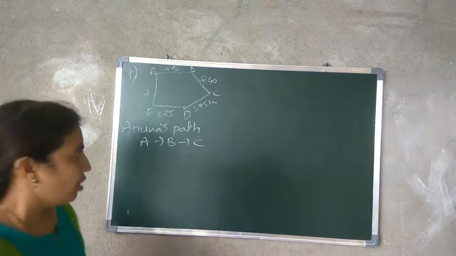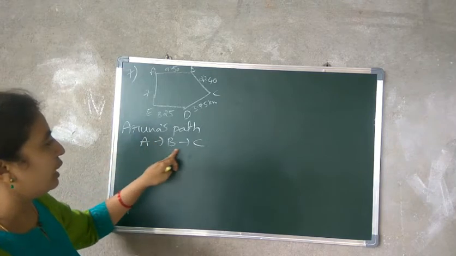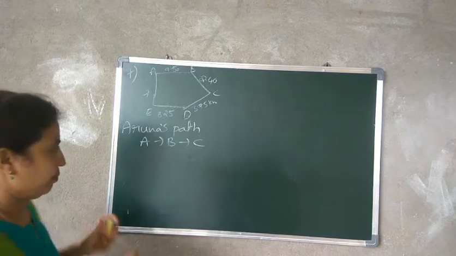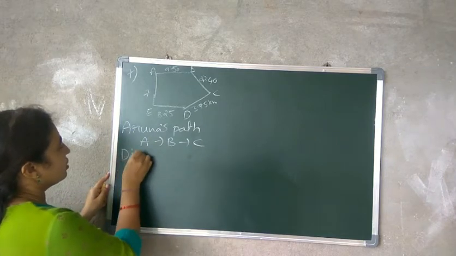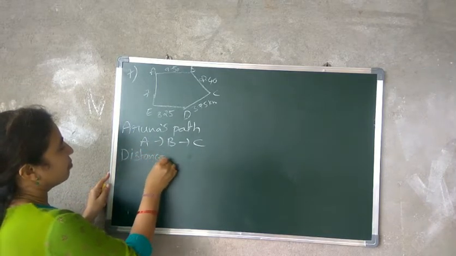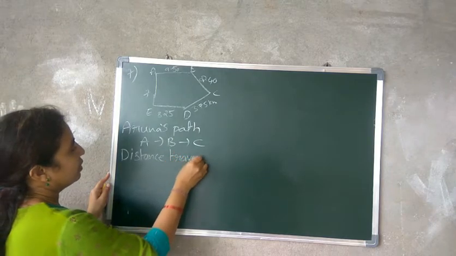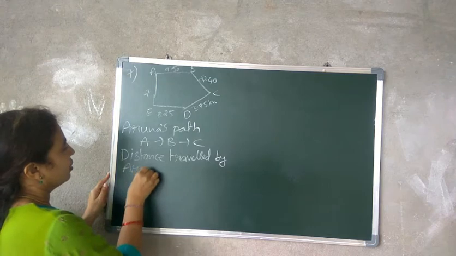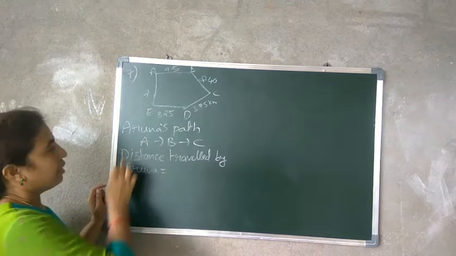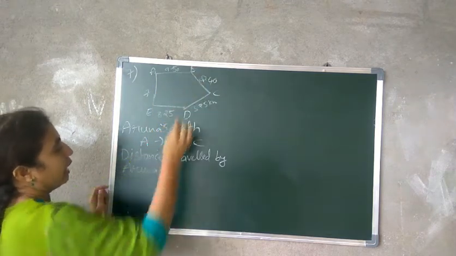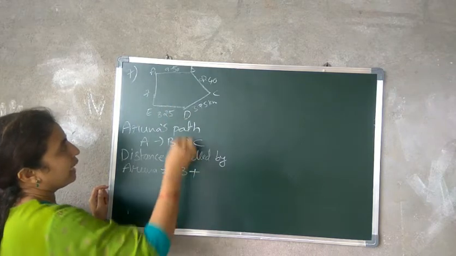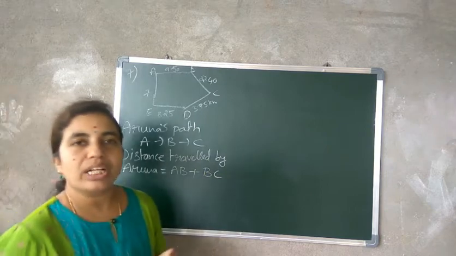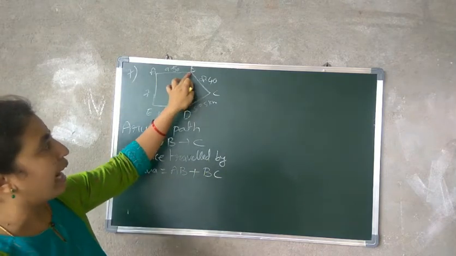First see Aruna's path, A to B then to C. Now first we will find how much distance she has travelled. Distance travelled by Aruna: she went from A to B, plus from B to C. To find the total distance we have to add AB and BC.